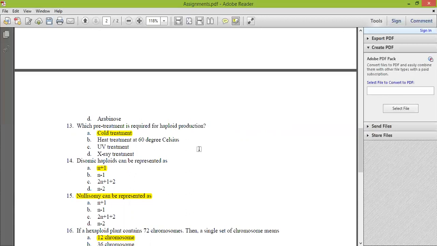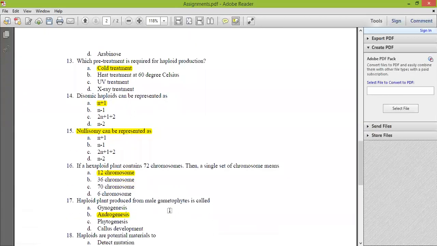The disomic haploid can be represented as n+1. The 15th question was wrong, and I gave all of you full marks because I forgot to mention the nullisomic haploid. The term haploid is missing here, and if haploid is incorporated in this question, the answer will be n-1.